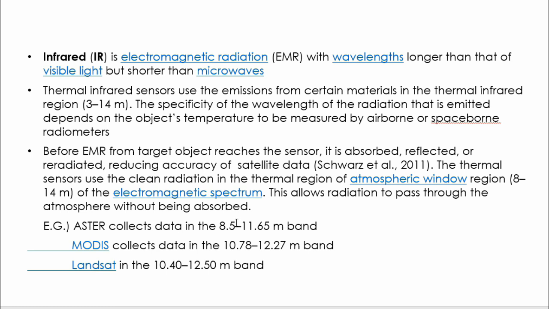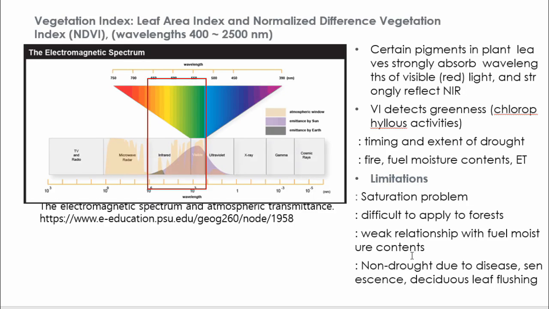So these are the band wavelengths for ASTER, MODIS, Landsat and so on. They use their own specific, clear, transparent regions so that they can freely and cleanly transmit and receive the signal directly from their sensors.